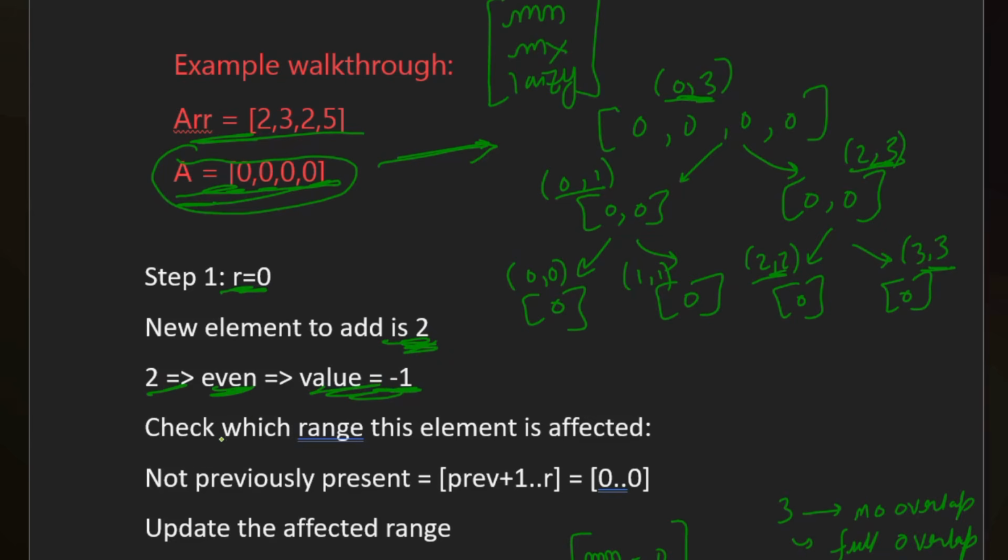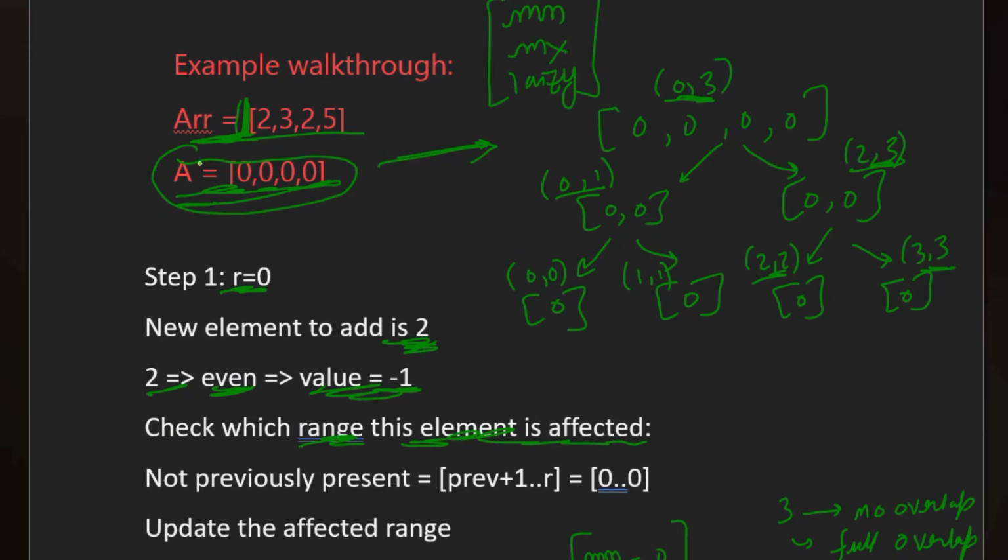Now we will be checking which ranges are affected due to the adding of this element 2. Okay, so if you see, there are no previous elements of 2. 2 wasn't previously present in the segment tree, right?